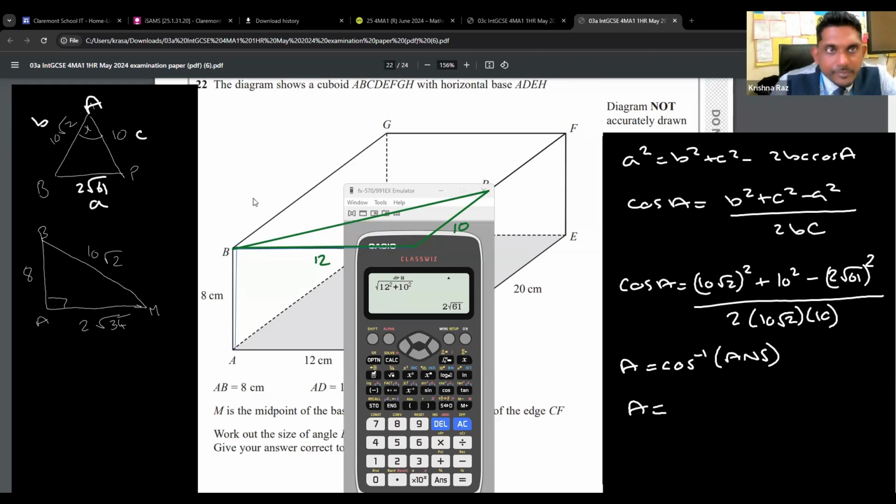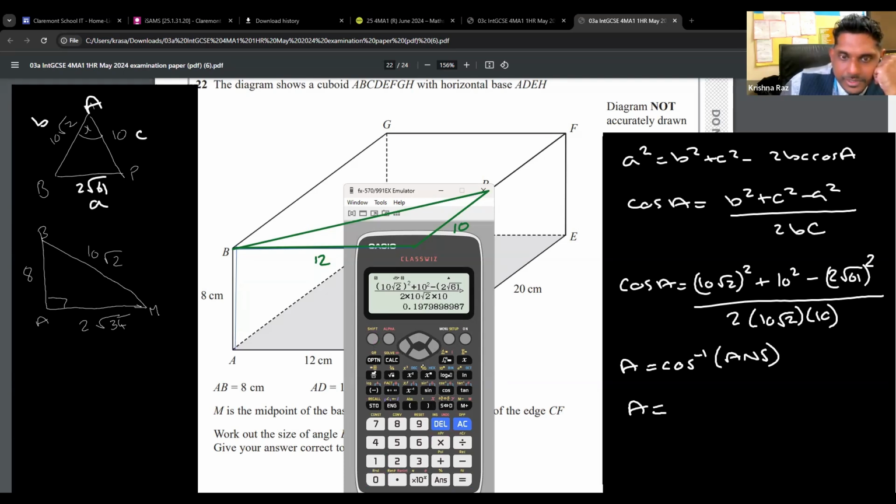So let's do that. So we have 10 root 2 squared minus 10 squared, minus 2 root 61 squared, all over 2 times 10 root 2 times 10.